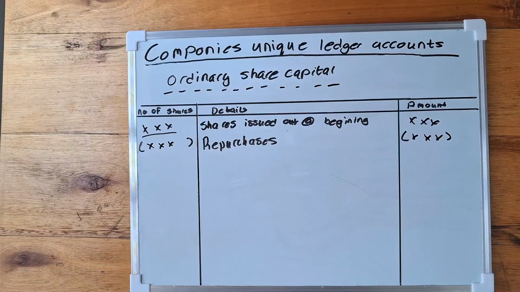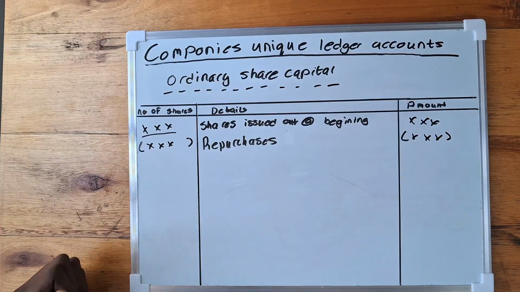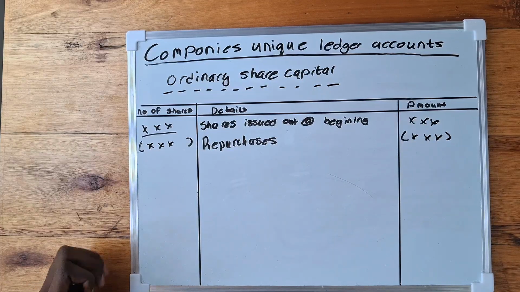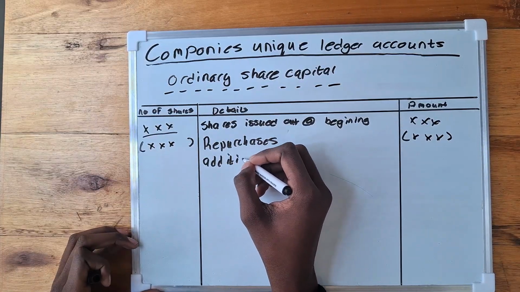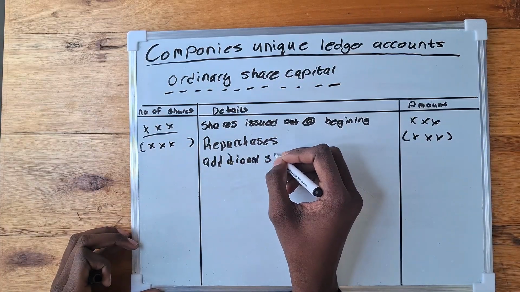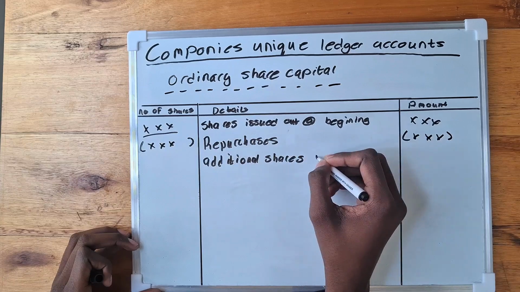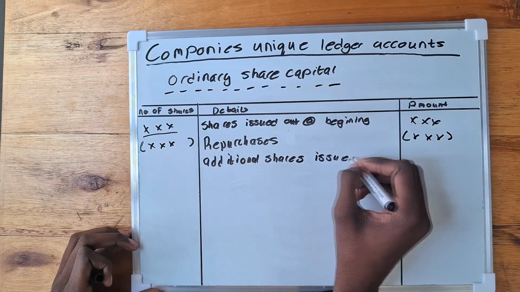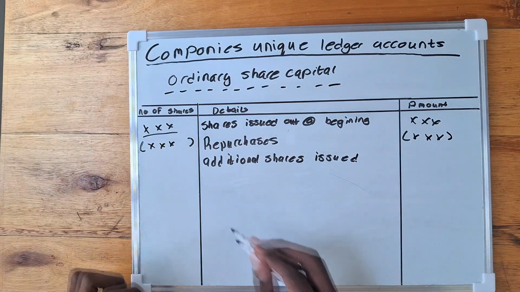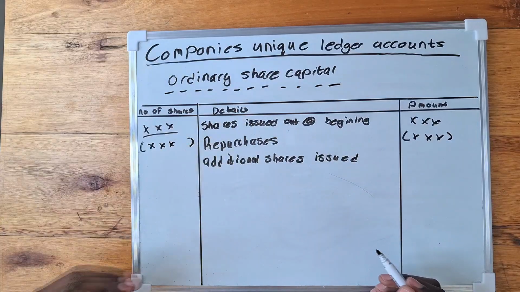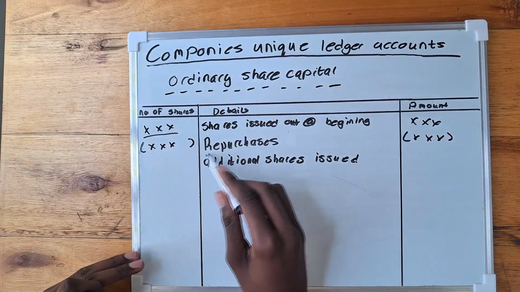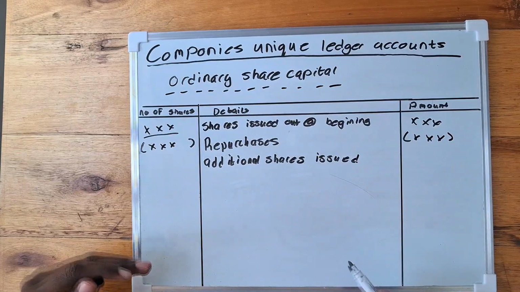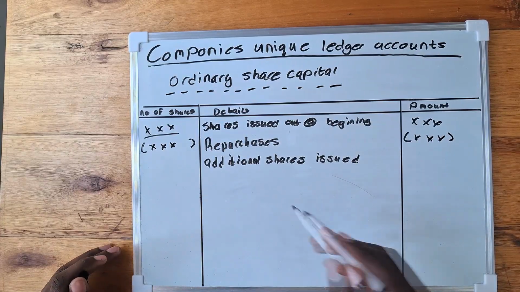So the next thing that you can expect is your additional shares issued. Here, we know that at the beginning of the year, we issued out shares. Maybe during the year, we bought them back. And then somewhere during the year again, we decide to issue out more shares.